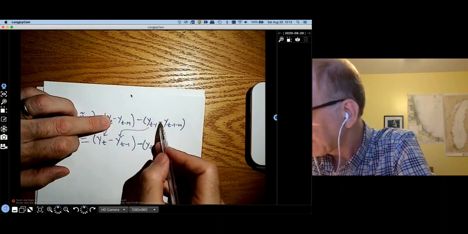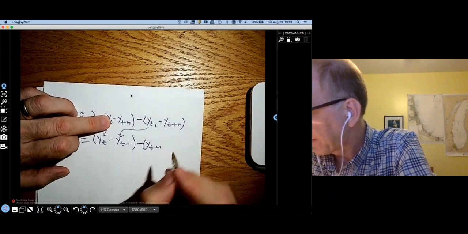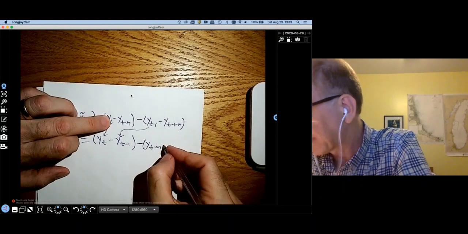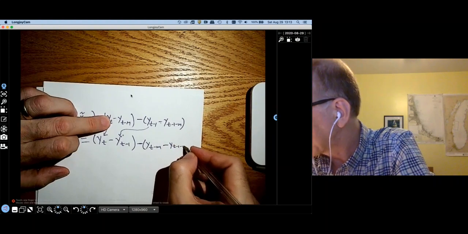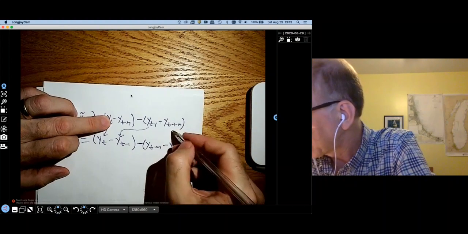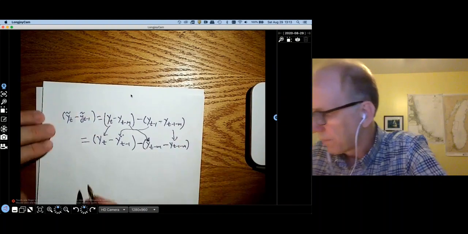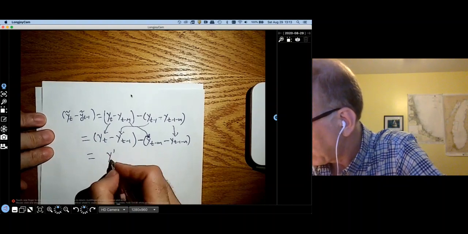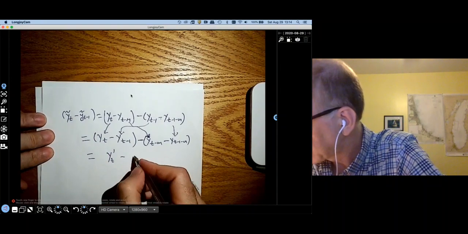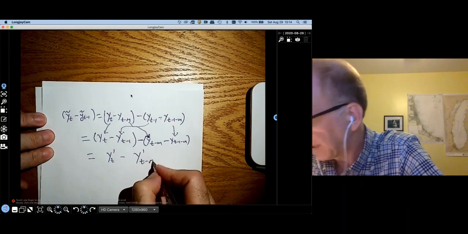And then you've got a negative and a negative, which becomes a positive. But there's a negative here, so three negatives make a negative. y_(t minus 1 minus m). So let me just write where all this stuff is coming from. What we have here is just y prime t minus, well, what do we have here? This is y prime (t minus m).